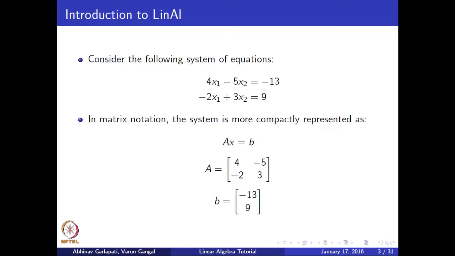In that case you can directly get the solution in the form x equals A inverse B by solving just one equation. As we said earlier, linear algebra gives you the freedom to manipulate several equations in multiple variables at once.